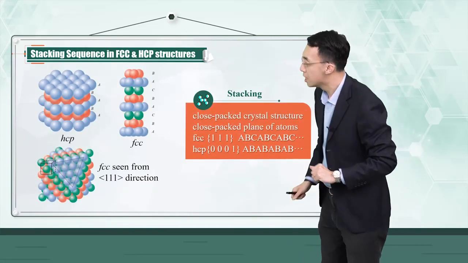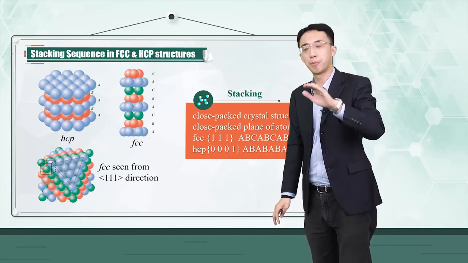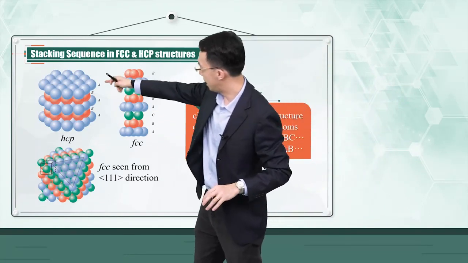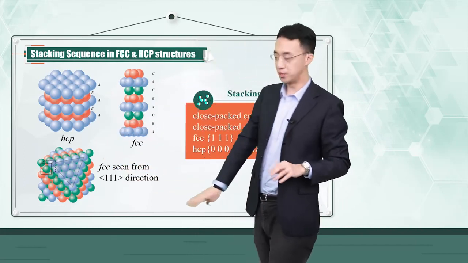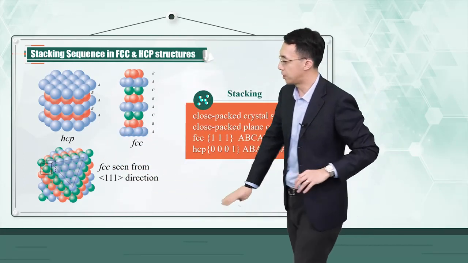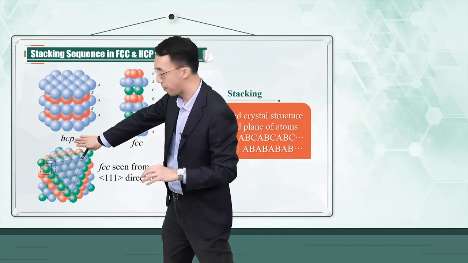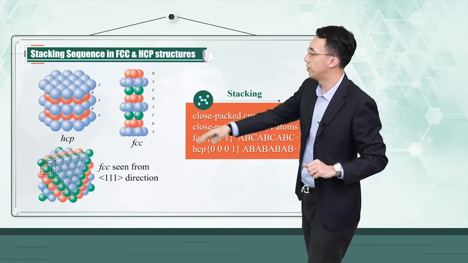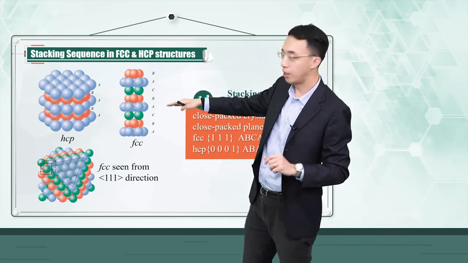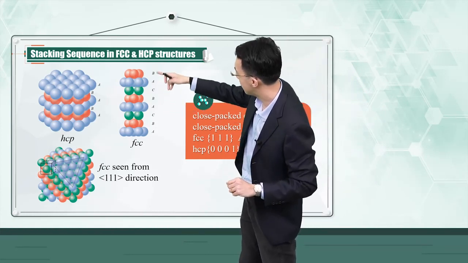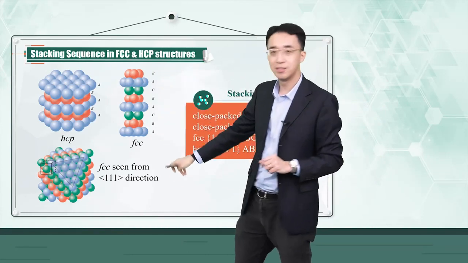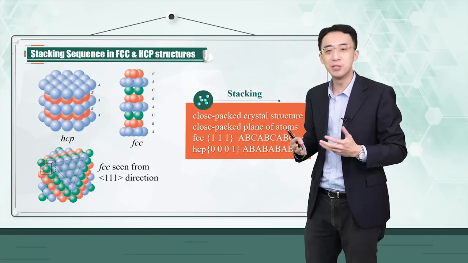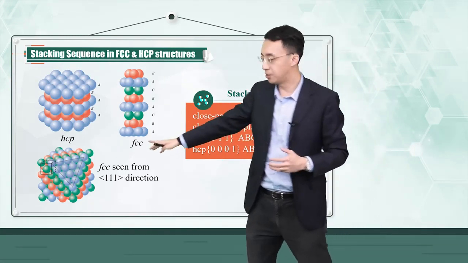In particular, if the neighboring atomic planes are packed in the AB, AB, AB sequence, then the closely packed structure will be called hexagonal close packed, or HCP structure. And alternatively, when the neighboring atomic planes are closely packed in the ABC, ABC sequence, it will give this FCC structure.